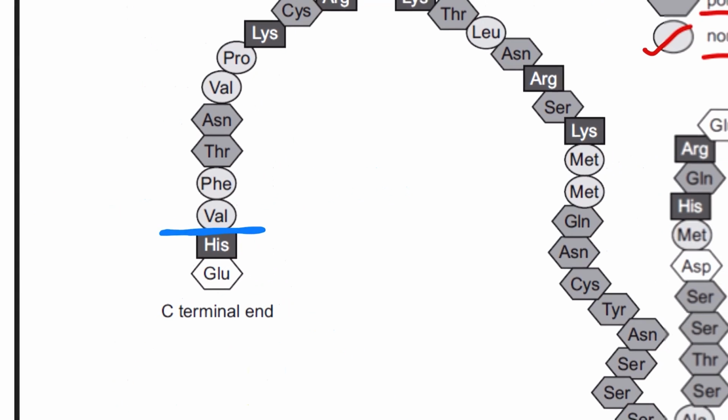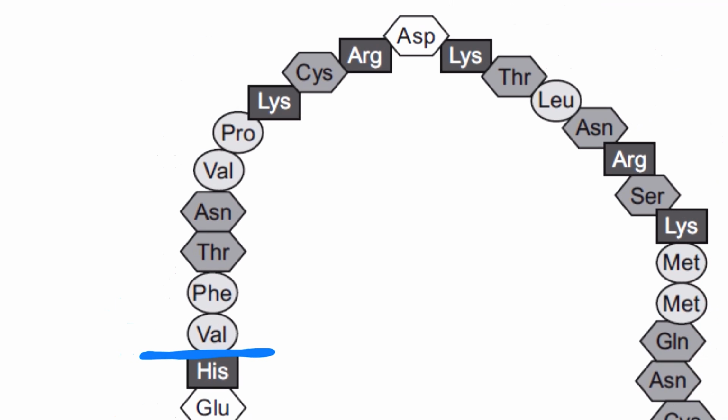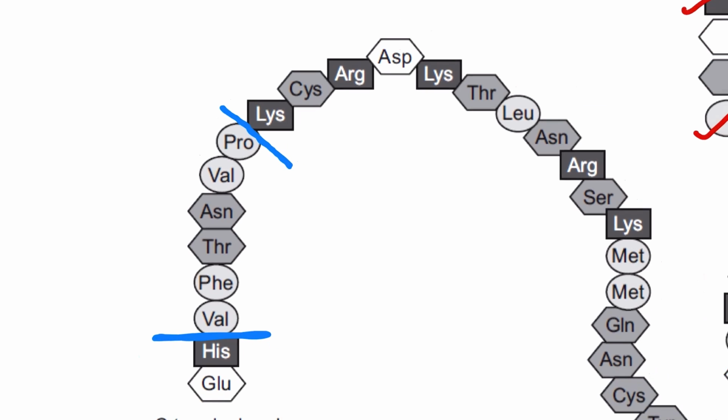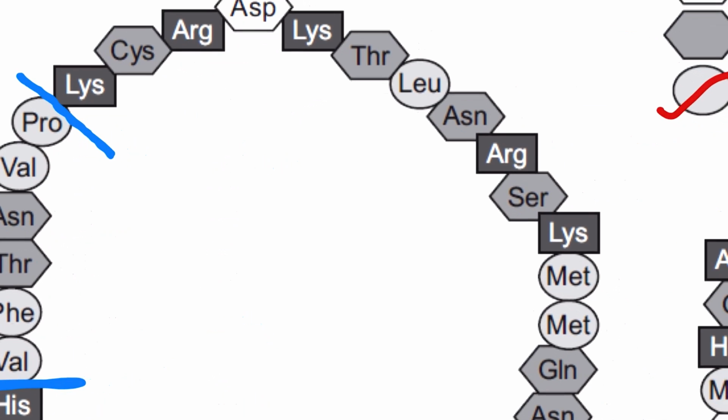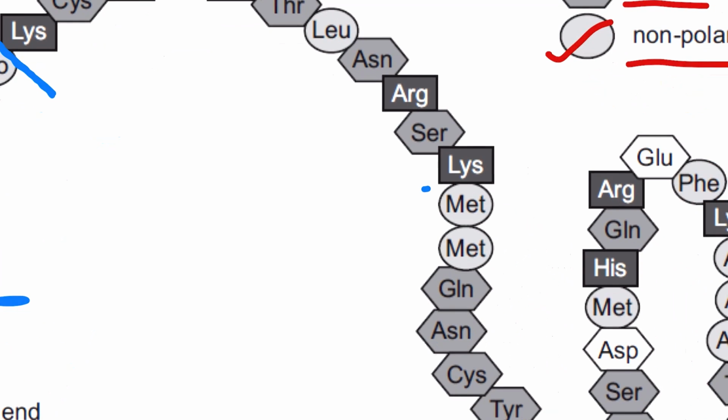Histidine is polar basic and valine is non-polar. Okay, let's look for the second point. Yes, this is the second site where the break will occur. Okay, what about the third one? We need to see a box and a circle. Okay, this is the third point where the bond will break by the enzyme.